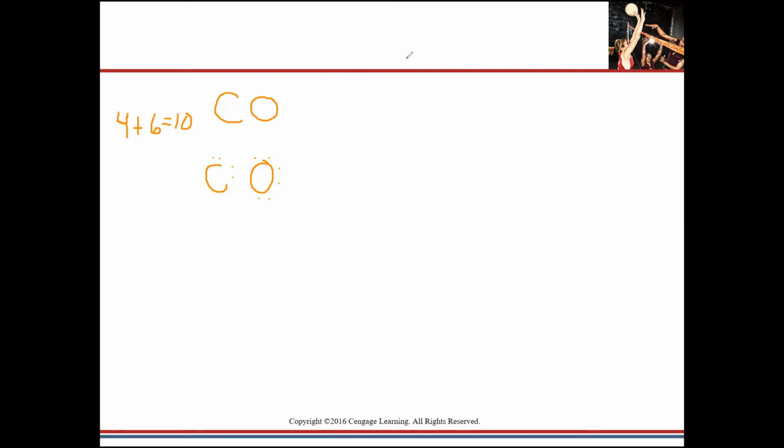I want it so that there's 8 around both atoms. So what am I going to do? I'll move 2 electrons. No, we want to do a bond. A triple bond.